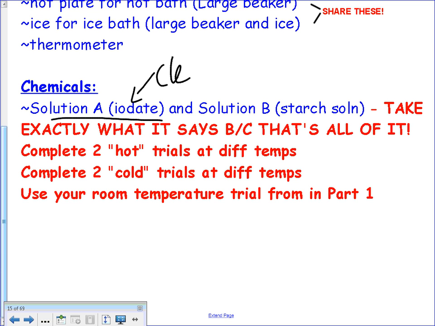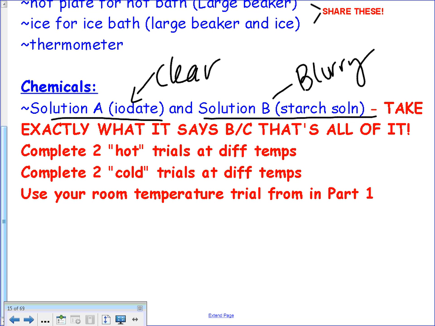It is the clear one. Solution B is the starch, sodium bisulfite, and it is the blurry one. B is blurry, okay? Don't mix them up. Other than that, I will let you know if I want to run 2 hot trials or 1 hot trial. It just depends on how far we get, okay?